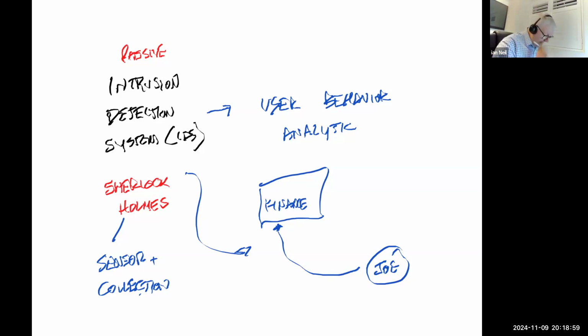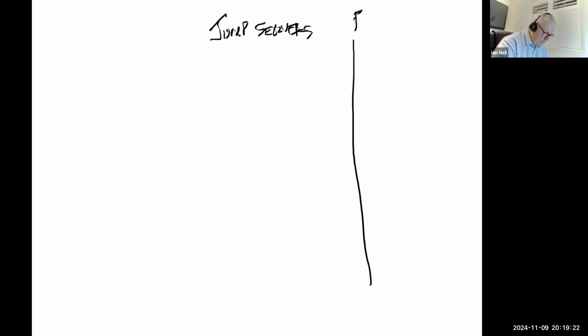Now, something that's becoming more useful, and it's a new topic inside 701, is a thing that's known as a jump server. People call them jump servers. They call them jump boxes. So here's my firewall. Here's my DMZ. Here's my LAN.